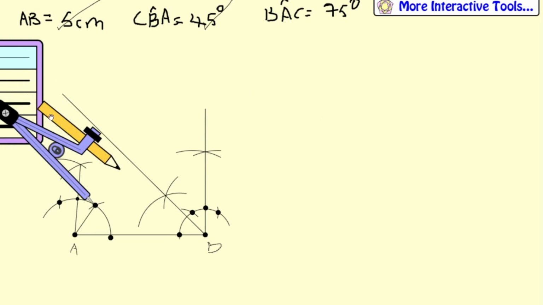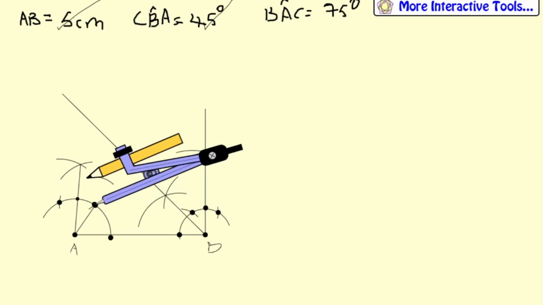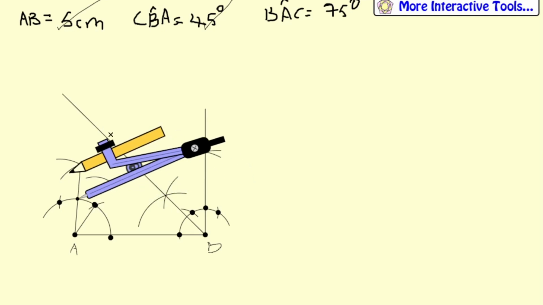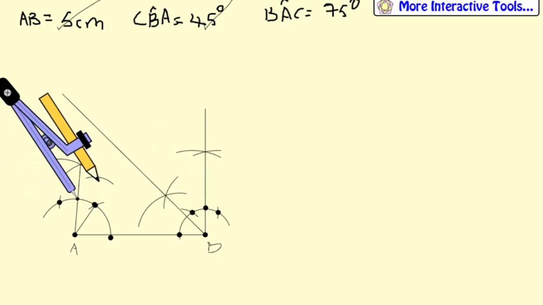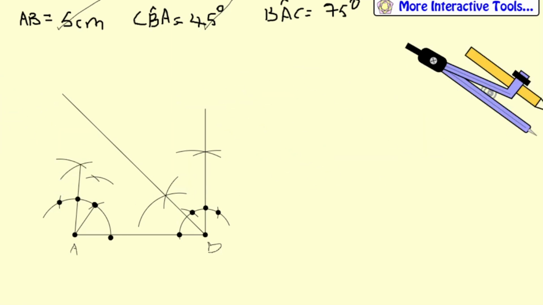So let's do the 60 first. Let me shorten this a bit. Scribe, then our 90, and then scribe again. This is now our 75 degrees.